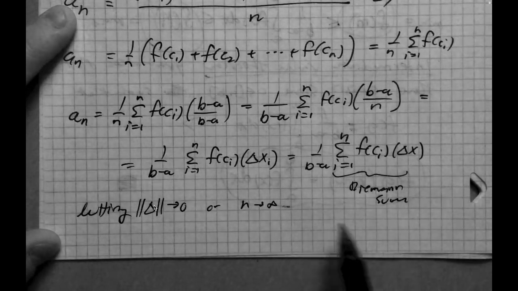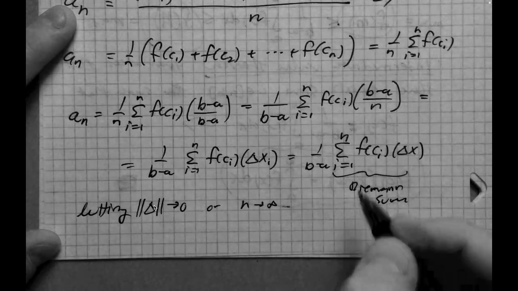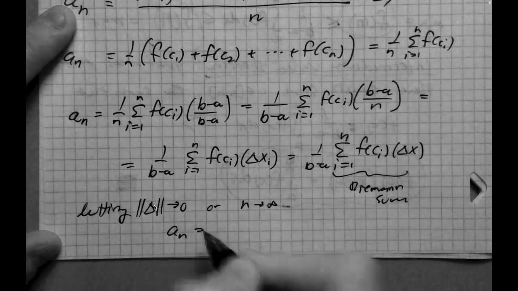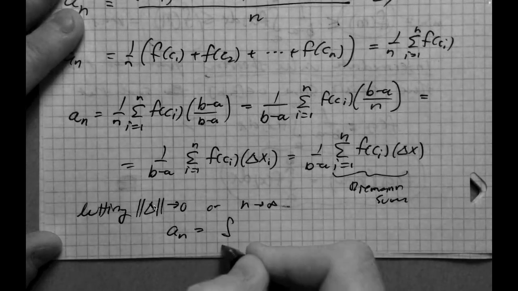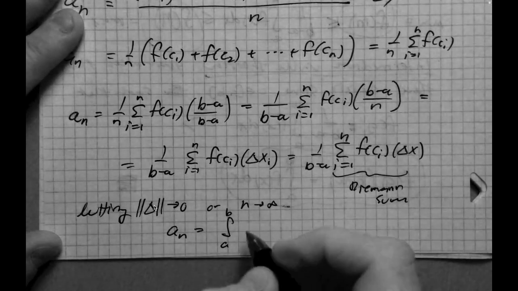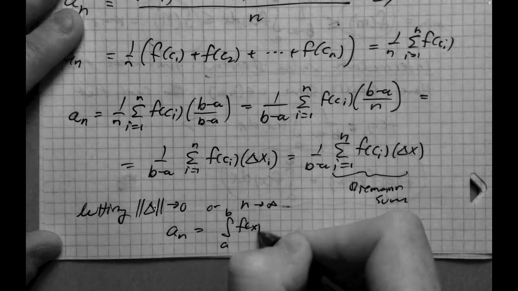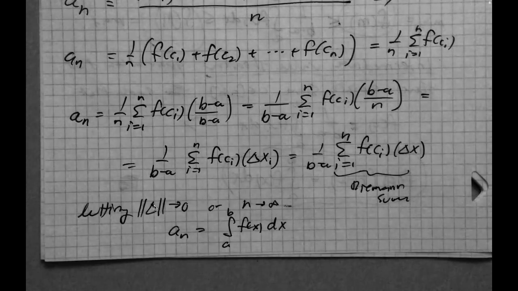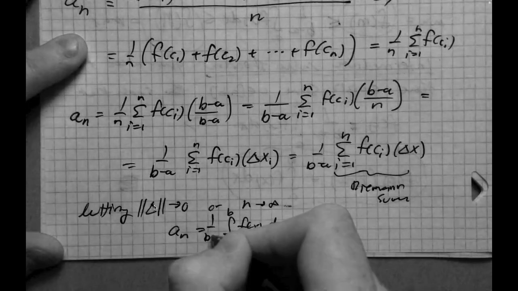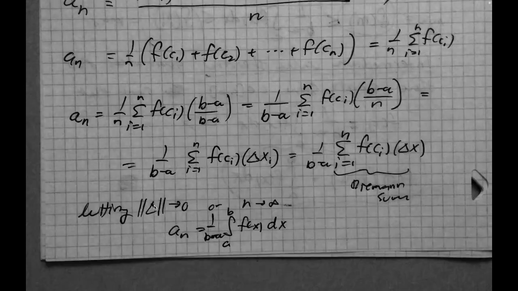That gets us to what we're looking for, which is that a of n is equal to the integral a to b of f of x dx. Oh, sorry, 1 over b minus a. That's there too. Yeah, this part here.